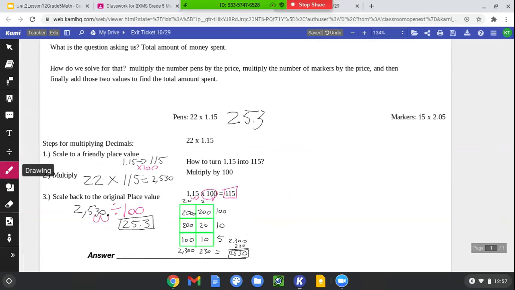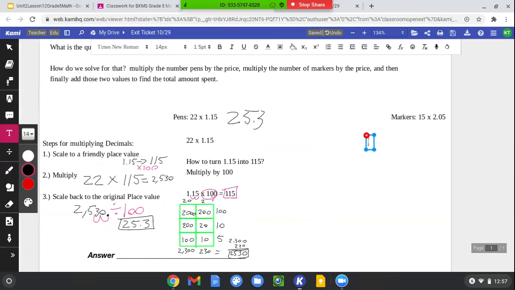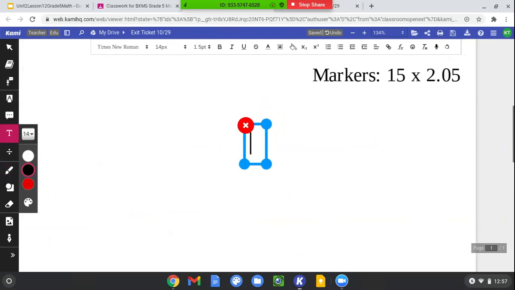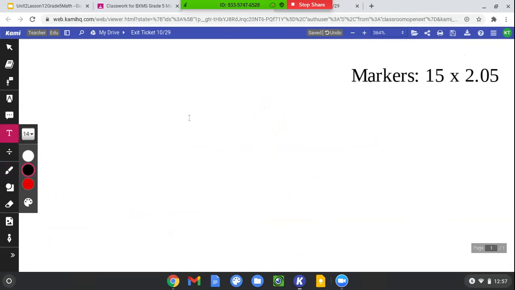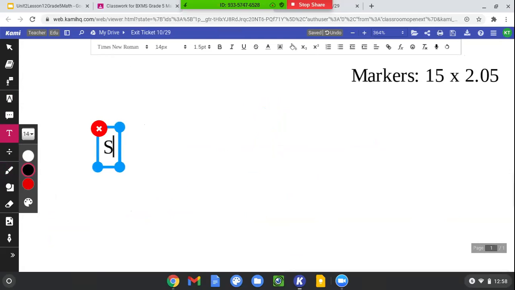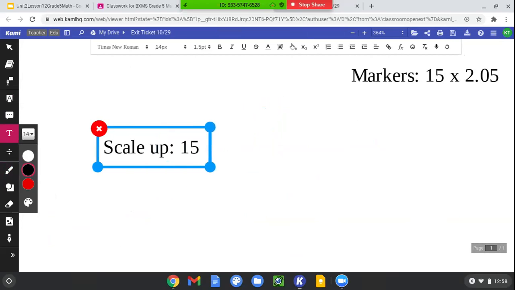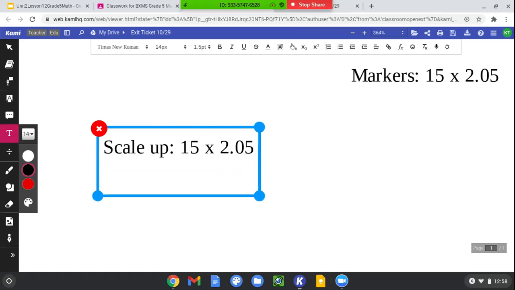Okay, let's do the exact same thing, but with markers. So again, 15, we're going to scale up. 15 times $2.05. I want to scale that up. So $2.05 multiplied by 100 is going to equal 205.